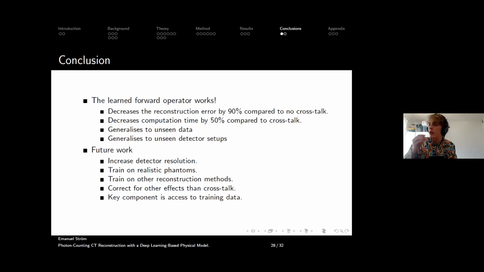Either having access to the accurate physical model that you want to approximate with deep learning, and then generating data using that forward operator, or just scanning different phantoms with some detector setups to generate all this training data is a key step in developing this model further. So yeah, I think that's it for me, and I welcome any questions that you have, and thanks so much for listening.